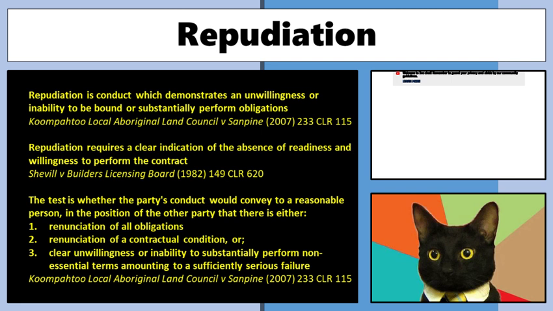Okay, and look, it has to be crystal clear. You have to be really, really careful there, because, and this is the key thing to note, strictly speaking, if the other side is demonstrating that they are unwilling or unable to be substantially bound by the contract, they're in breach.